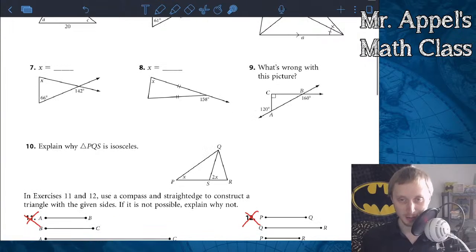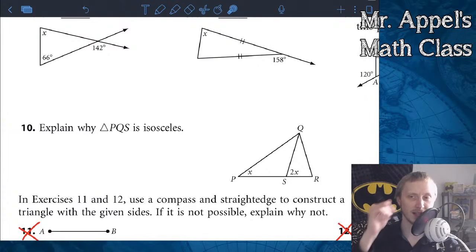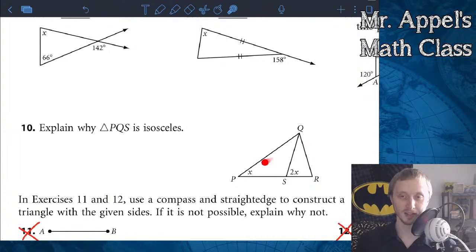Number 10, I would probably call the challenge question of the page. Okay? Why does triangle PQS, this one right here, have to be isosceles? Okay? So make use of that statement I made down there. To be isosceles, well, this guy looks to be the longest side. It's probably PS and QS that have to be equal to each other.